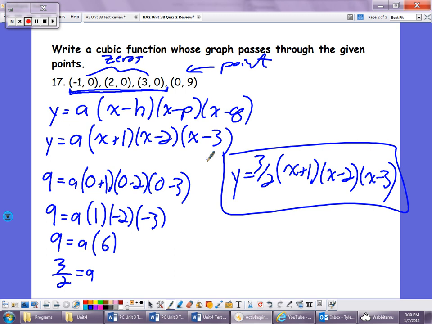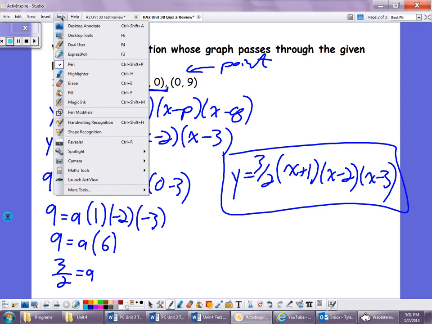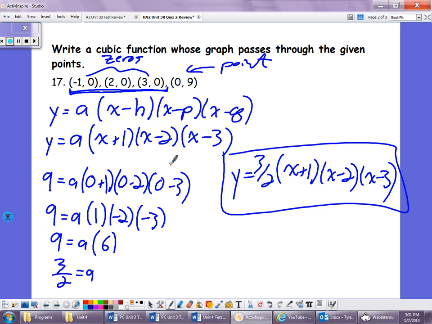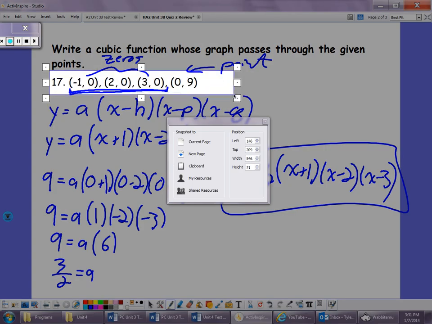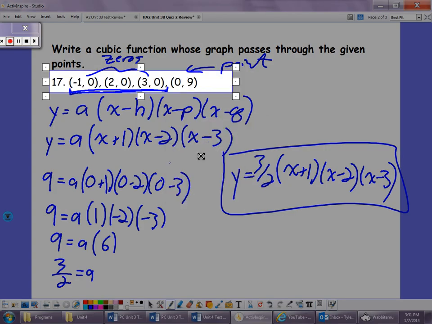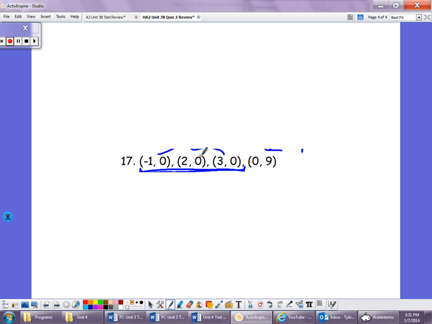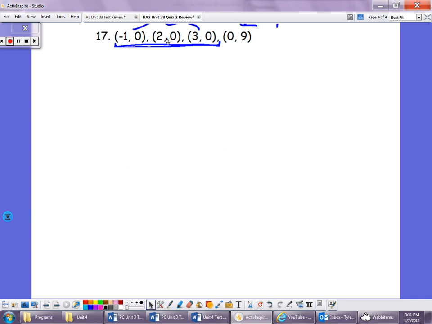All right, the second way you could do this is you could put this in the standard form, y equals ax cubed plus bx squared plus cx plus d.